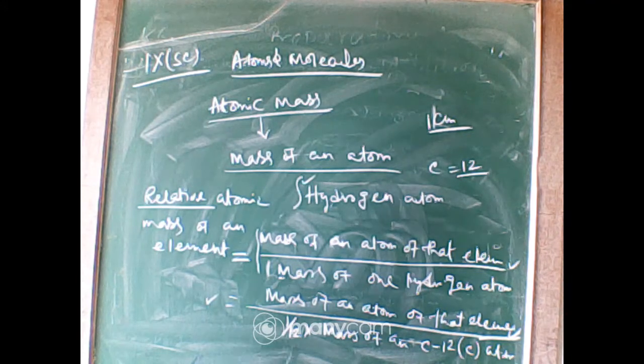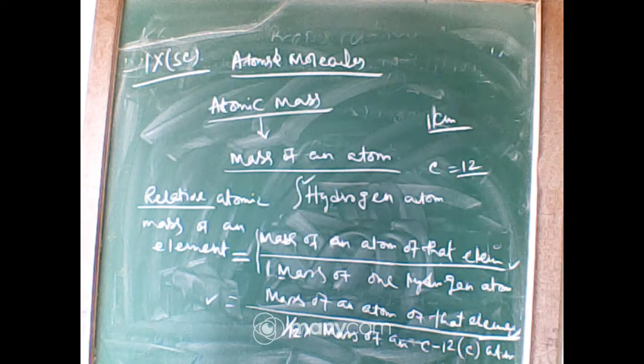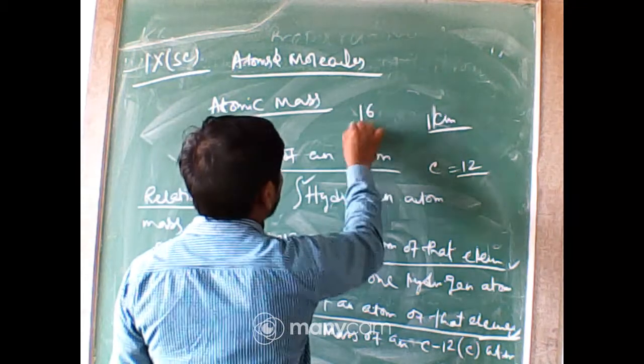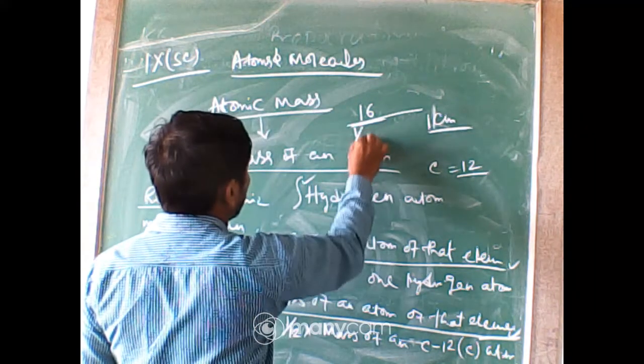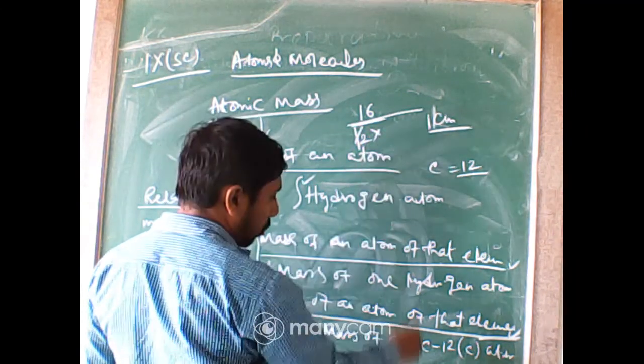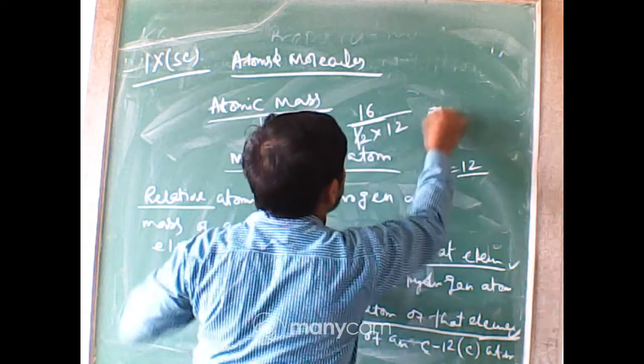Just for example, we know the atomic mass of oxygen equals 16. Okay. Now, 16 divided by 1/12 of the mass of a carbon atom, that is 12. So, it would be 16.